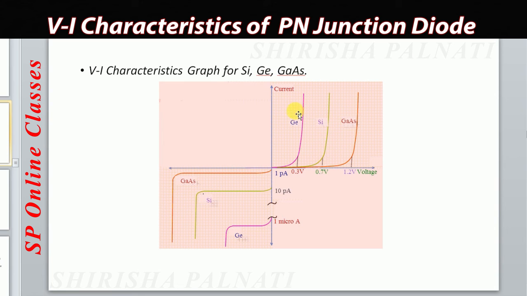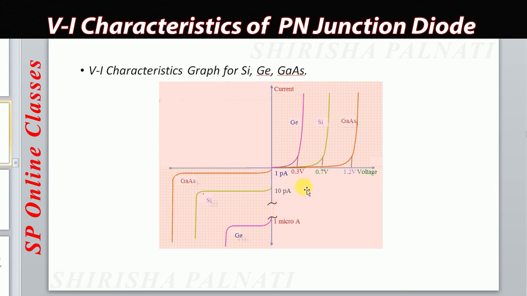Next, if we use a semiconductor diode fabricated with germanium, this is the graph of that diode. The potential barrier, or cut-in voltage, of germanium is 0.3 volts, and this pink color represents germanium. This is the reverse bias characteristic and this is the forward bias condition.